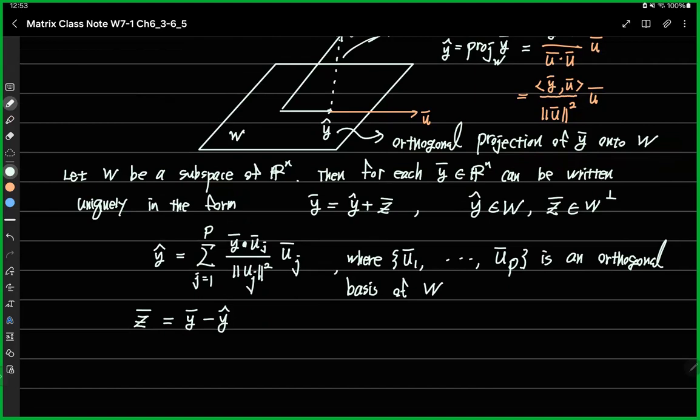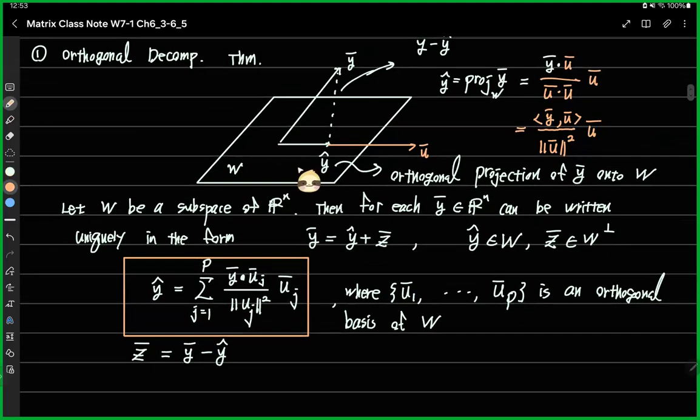Okay, so how can I find out? In this figure, the subspace is in R3, and actually W is a plane. So it's easy to figure out the orthogonal projection of this vector y onto the subspace. But when you generalize, then what does y hat look like?